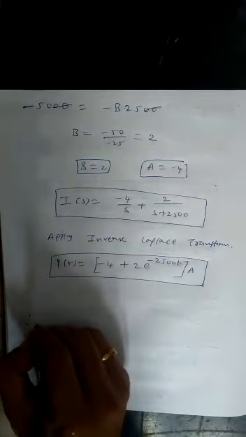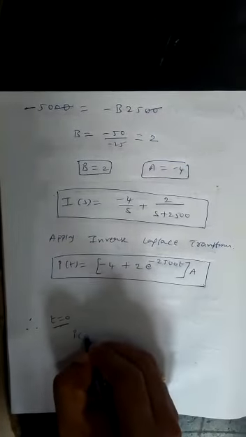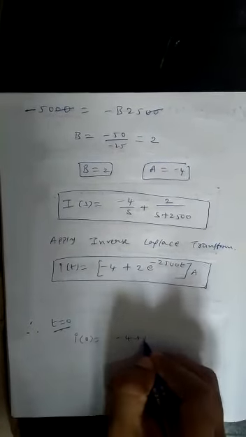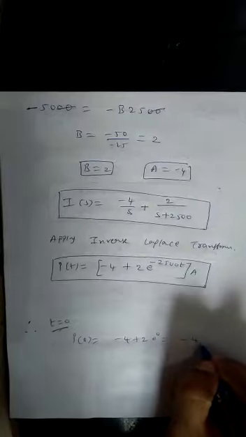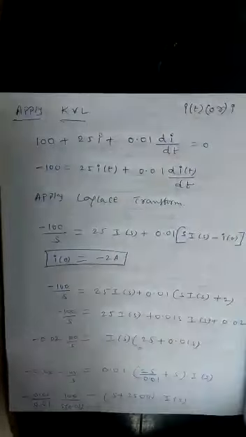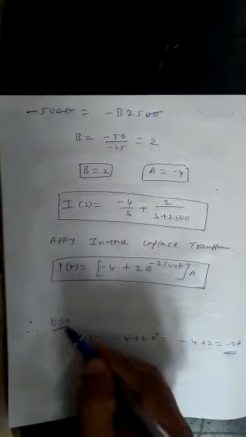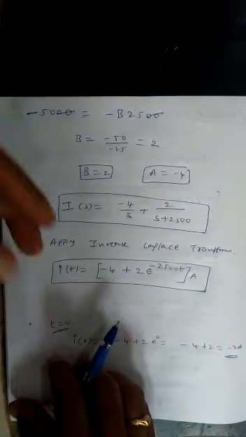For example, t equal to 0. So i of 0 equal to minus 4 plus 2 e to the 0, minus 4 plus 2, minus 2 ampere. This is the initial current, correct? You can verify your answer by replacing t equal to 0 and comparing with what you calculated previously.